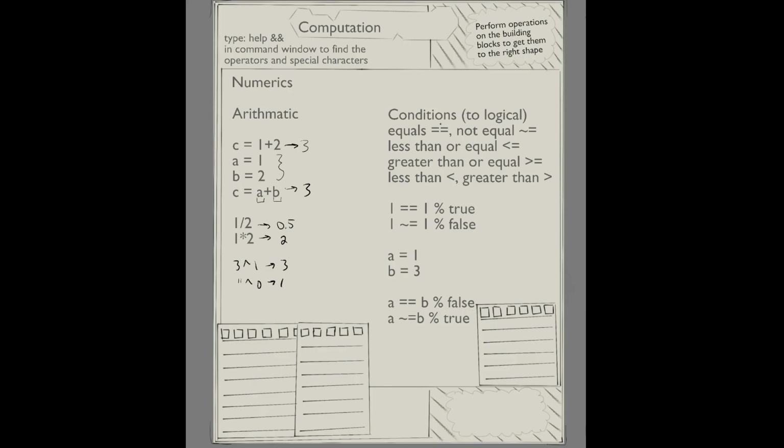And then, as we were talking about a moment ago, we have the conditions. The main ones here are arithmetic and conditions. We're going to use comparisons to change numerics, because this is all about numerics, to logicals.